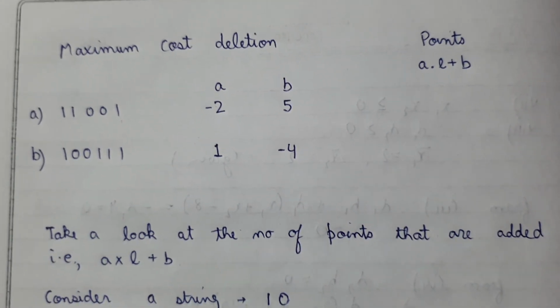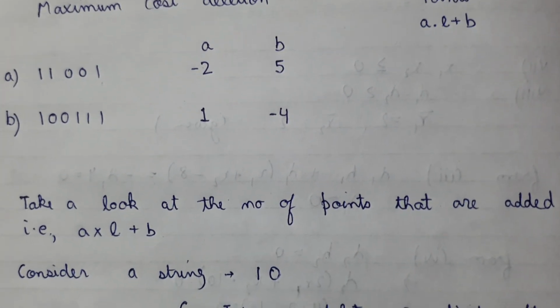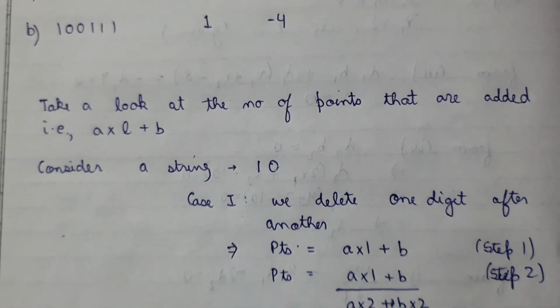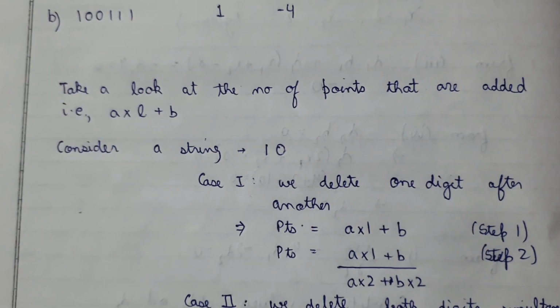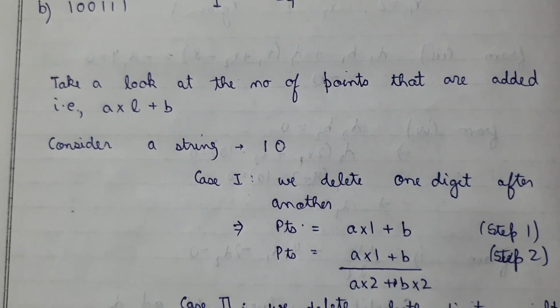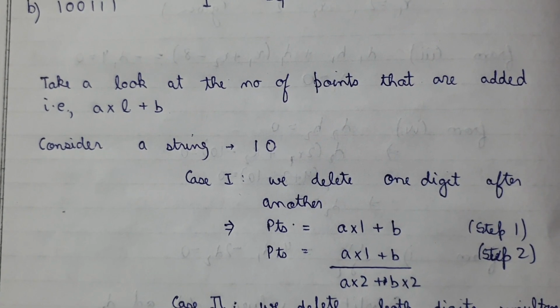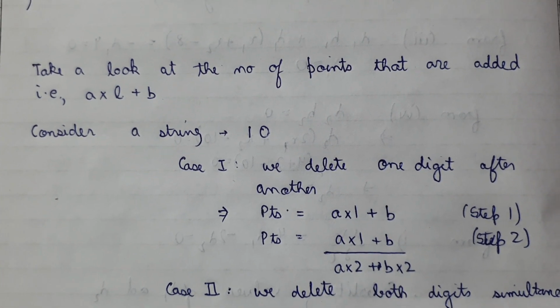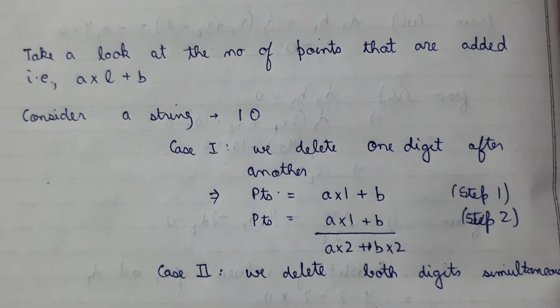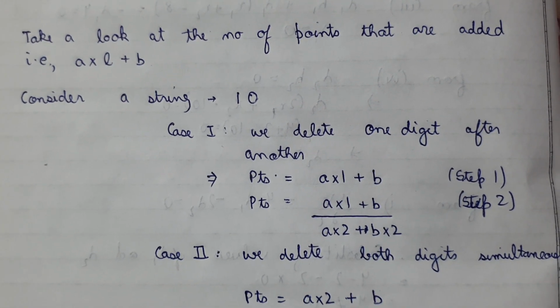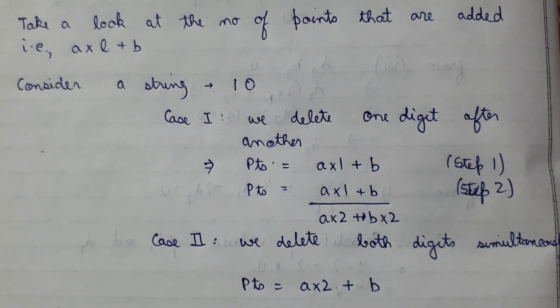So the explanation for this question goes like this. First we need to take a look at a into l plus b carefully. So consider a string 10. There can be two cases in which we can delete this substring and convert it to length 0.